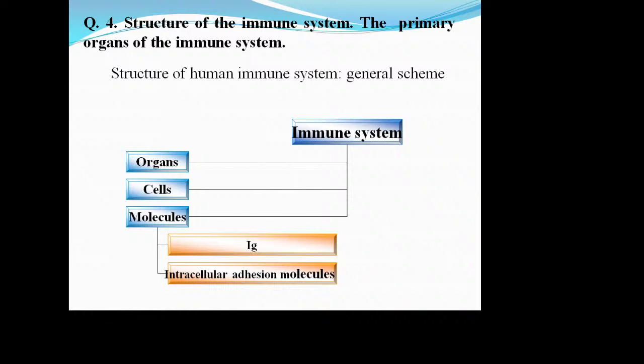Organs produce cells, and cells synthesize molecules. What are these molecules? They include immunoglobulins or antibodies and intracellular adhesion molecules, for example, cytokines, that regulate the activity of immune cells. Once more, the immune system includes organs that produce cells. Cells are produced by organs, and molecules are produced by cells.